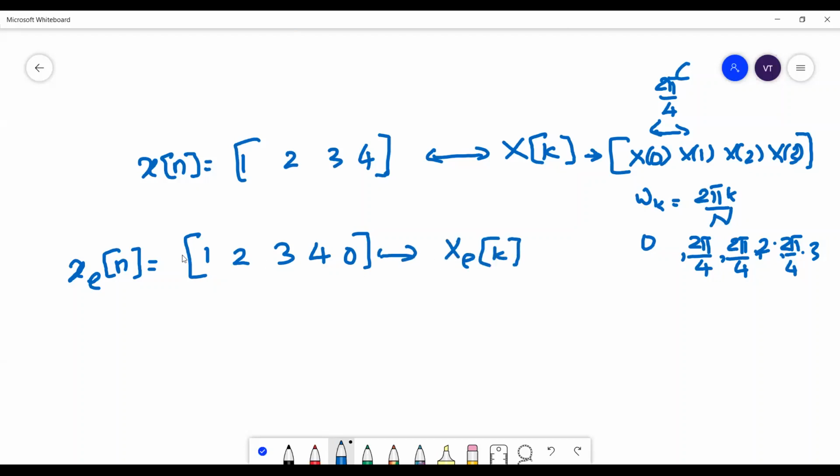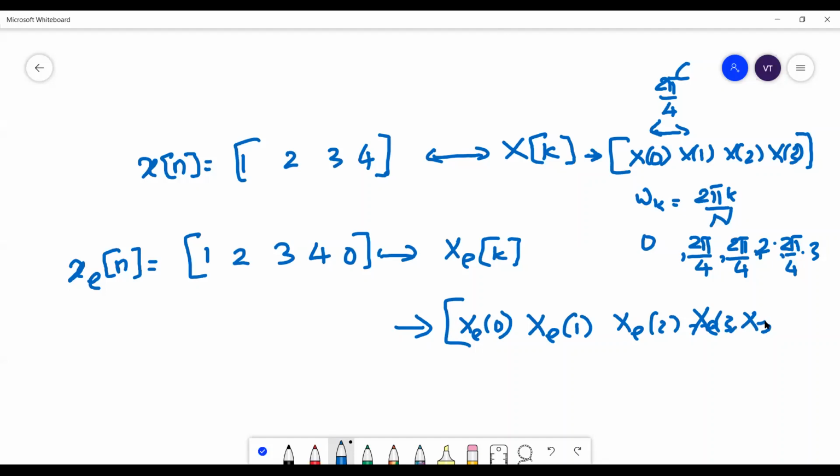You see that xe of n and x of n have got the same information, and xe of k will give you xe of 0, xe of 1, xe of 2, xe of 3 and xe of 4, right? Now the spacing between the samples is 2 pi by 5 radian. Is that clear? 2 pi by 5 radian.